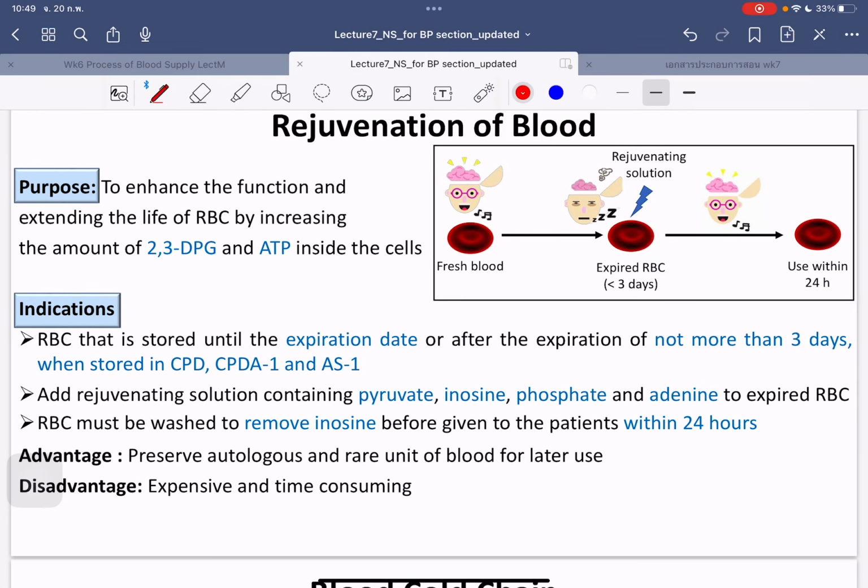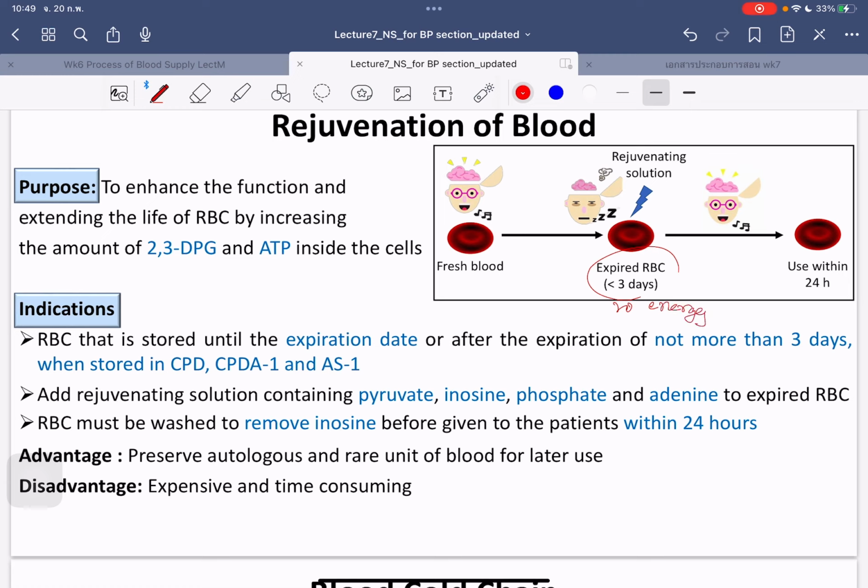If you collect blood from a donor today, it will be fresh, but at the expiry date, the blood will have no energy. If you want it to function and be fresh again, you have to add rejuvenating solution.